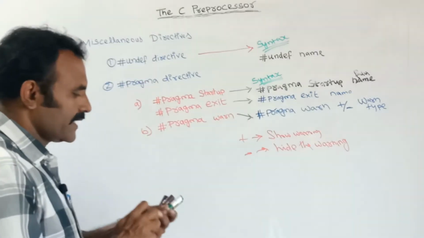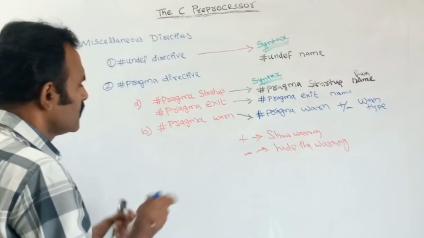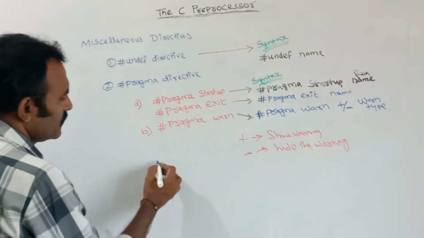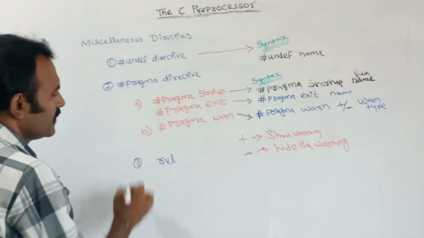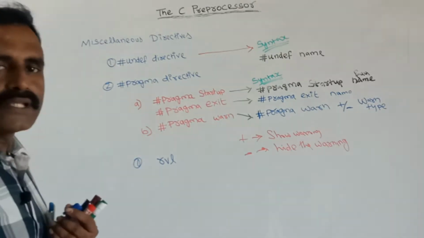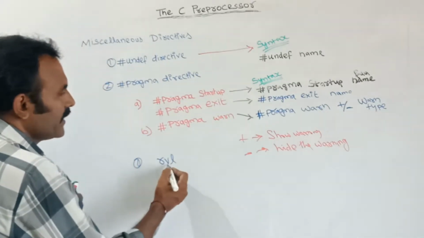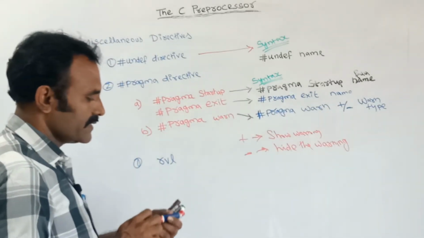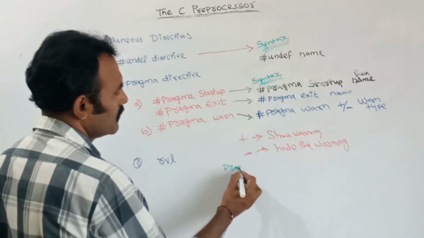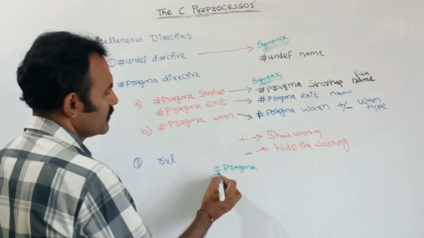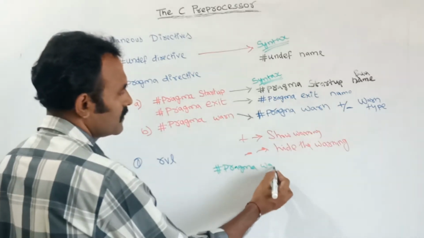What are the types of warning? Let us see now. The first one is no return value, for that, RVL. This is one type of warning given by the compiler. So if I want to hide the warning, I can give it like this: hash symbol, pragma, after that warn.